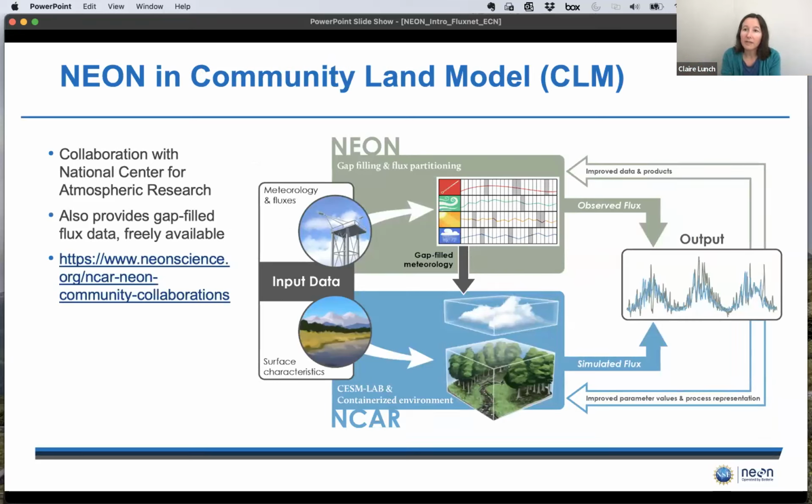That project has also generated gap-filled NEON flux data, which are also available to the public. So if you're interested in that, you can check that out.